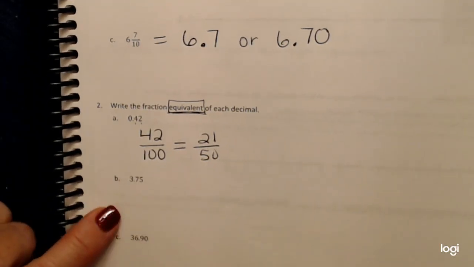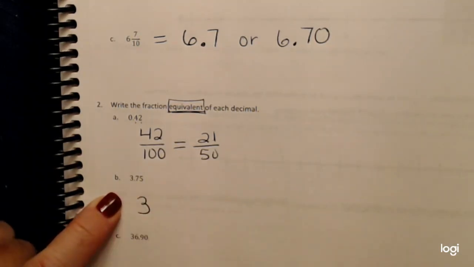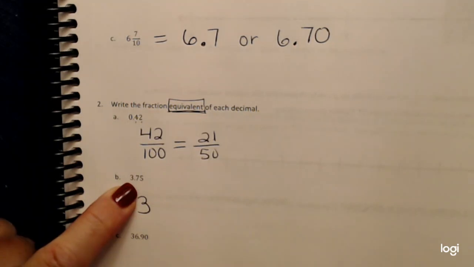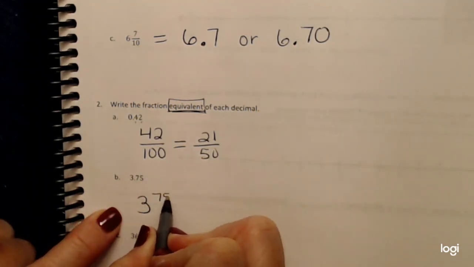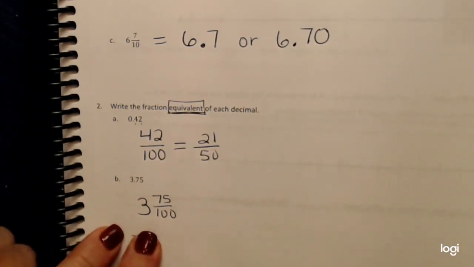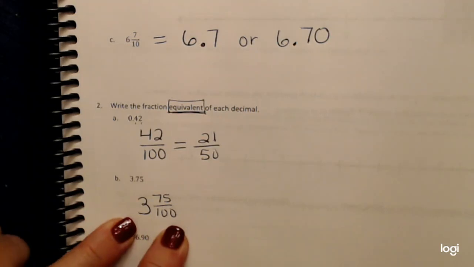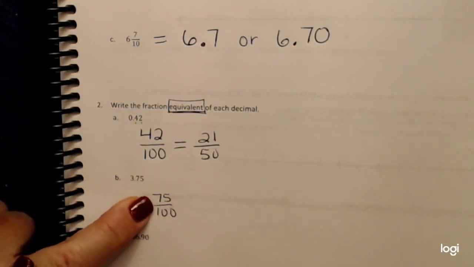I have to write this as a fraction. 3 and 75 hundredths. 3 is my whole number, and 75 hundredths. Now I have this as a fraction. Some of you might be able to reduce this. If you look at these two numbers, they both can be divided by 25.